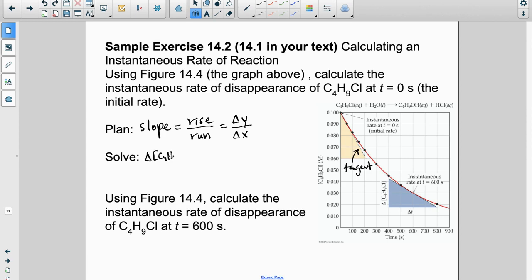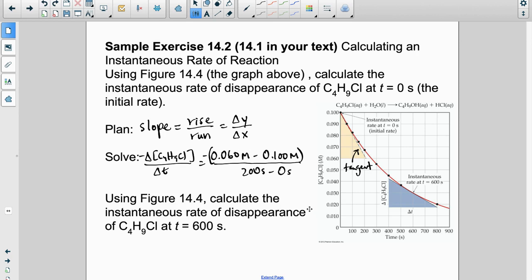The rate is the change in C4H9Cl over delta T. When we look here, the rise is starting with the final 0.060 minus 0.1 molarity, over delta T, which is about 200 seconds, minus 0 seconds.